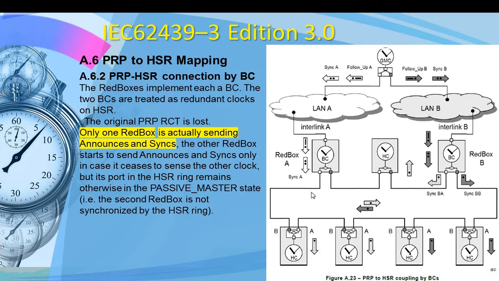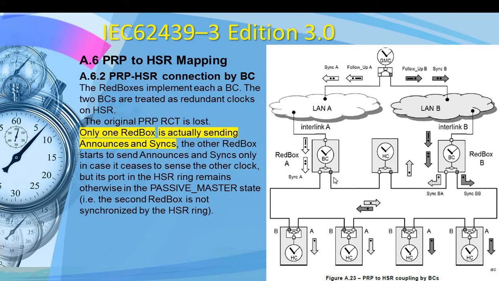So based on the standard, these two ports, port A and port B, in the active RedBox are running in master mode, but port A and port B in the other RedBox, which is running in passive mode, are in passive master status.